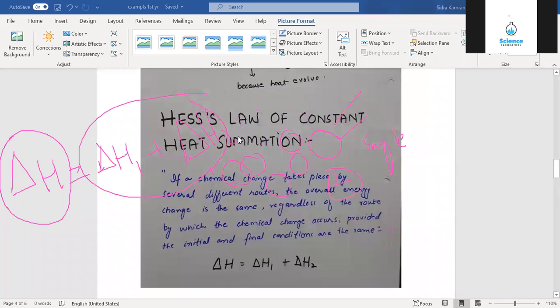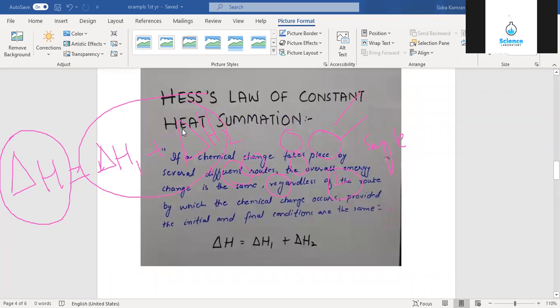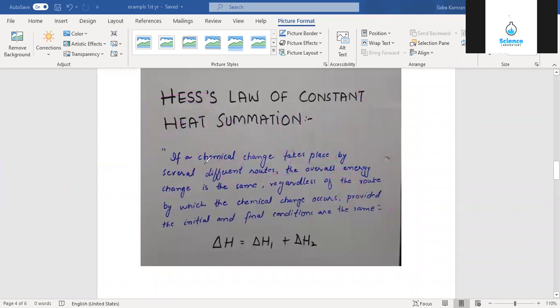According to the statement of Hess's law of constant heat summation, if a chemical change takes place by several different routes, as we saw in carbon dioxide preparation, first carbon monoxide is formed, then carbon dioxide is formed. So there are several different routes.